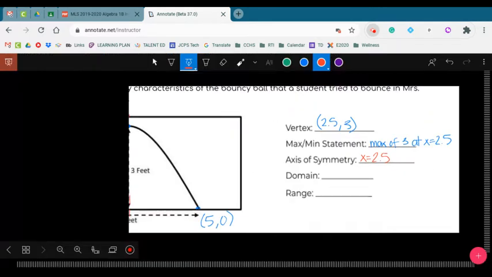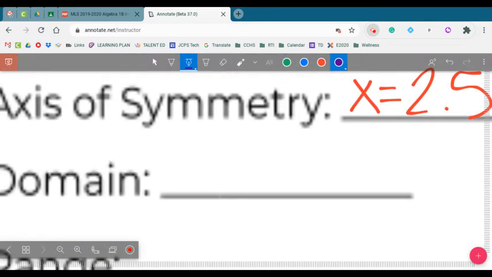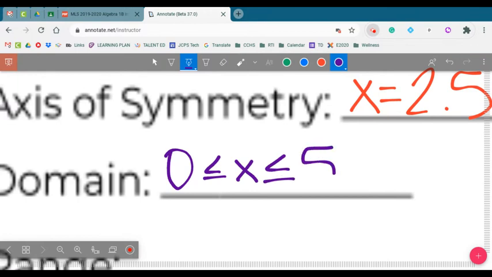Now, our domain and range could become a little bit different because can a bouncy ball go a negative number of feet? No. So we have to think, what was our bouncy ball in between? So on the x, it went in between 0 and 5. So our domain is going to be 0 is less than or equal to x, which is less than or equal to 5. This is saying that x is less than or equal to 5, and it's greater than or equal to 0.